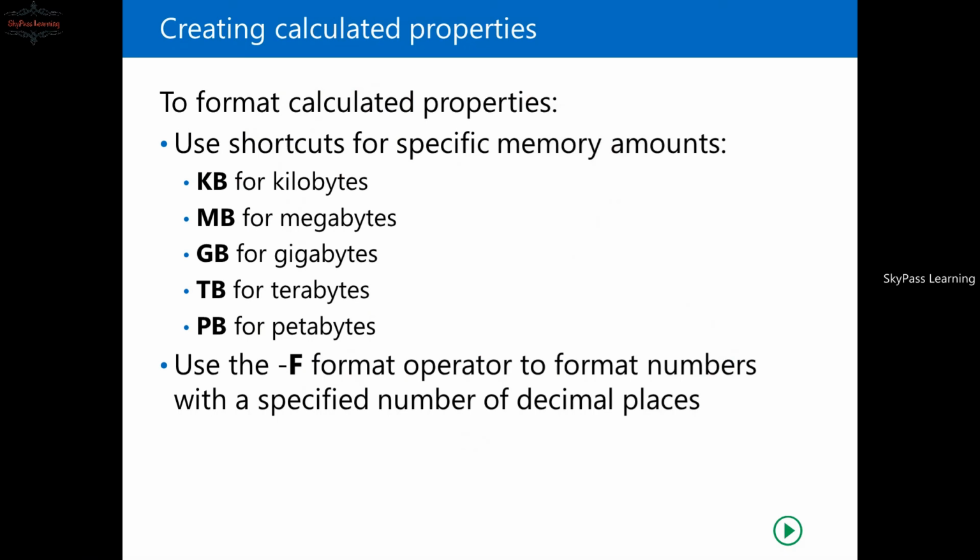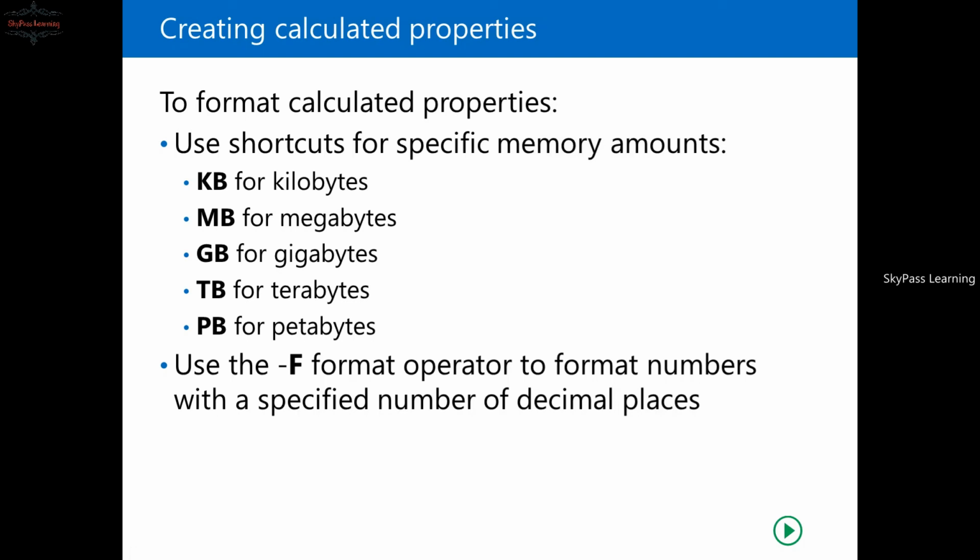So we can take format megabyte for MB, KB is for kilobyte, GB is for gigabyte, TB is for terabyte, and PB is for petabyte. So these are the default parameters. You have to identify wherever you are using them.